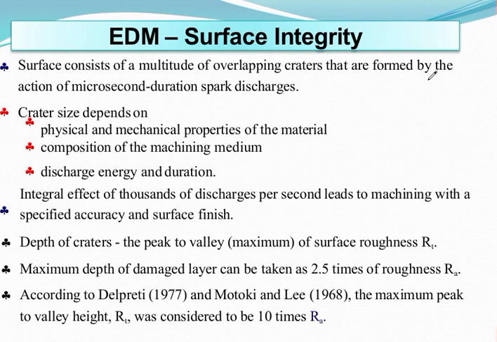According to Delpriki in 1977 and Motokoi and Lee in 1968, the maximum peak-to-valley height, always denoted by Rt, was considered to be 10 times Ra, the surface roughness.